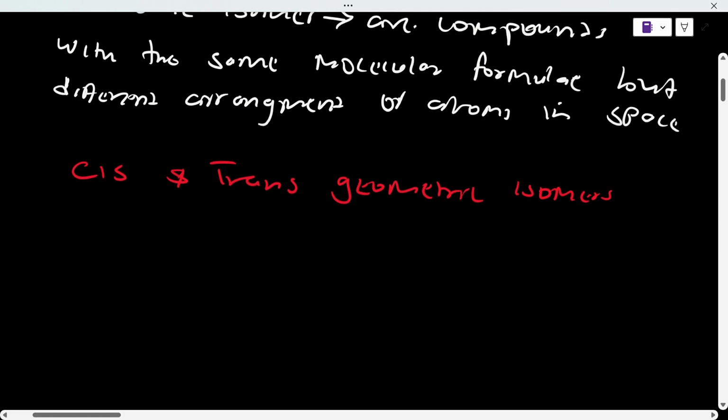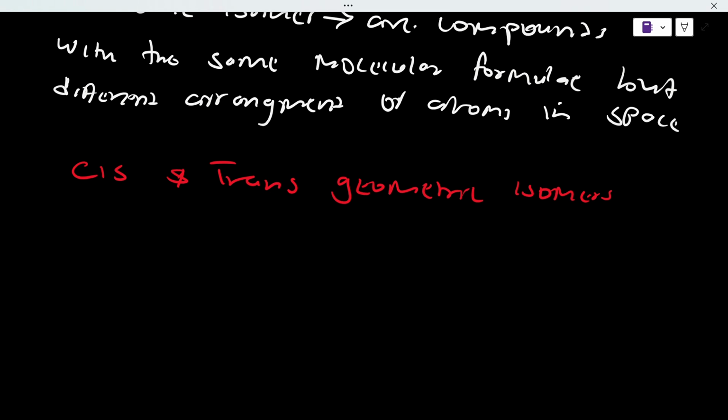Now, the cis and trans geometric isomers are also exhibited by complexes. And I'm going to use a very easy example of a complex, a well-known one.